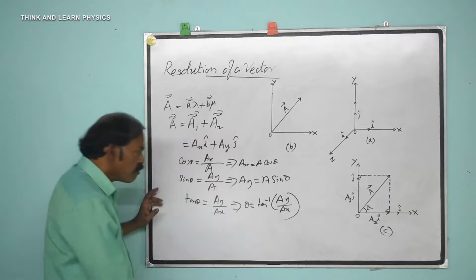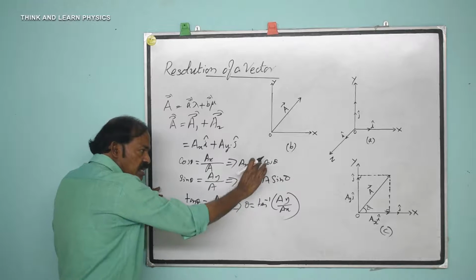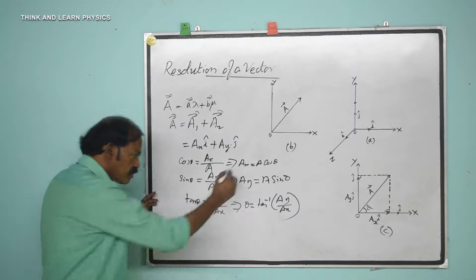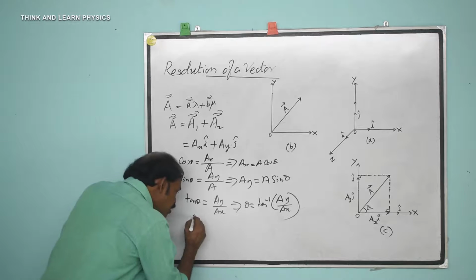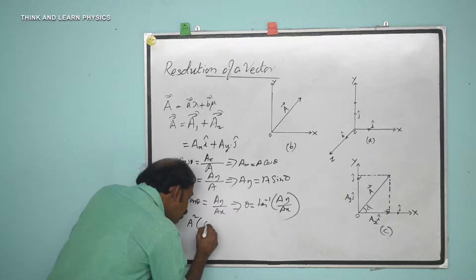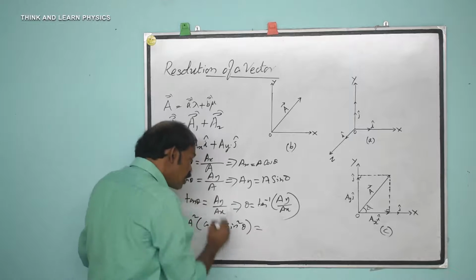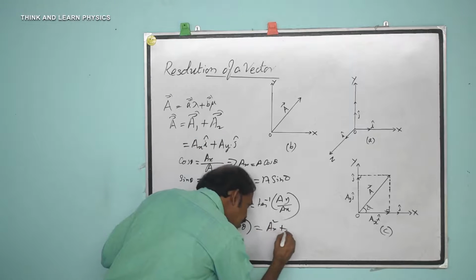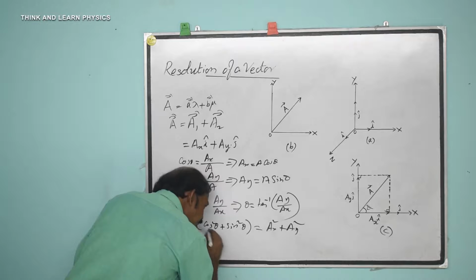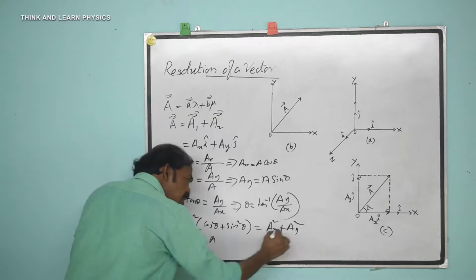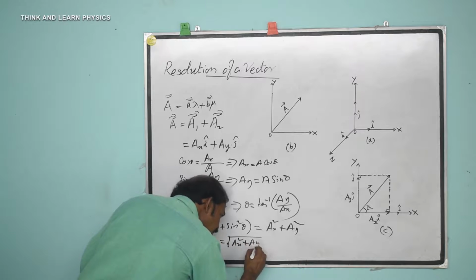And also by squaring these two terms and adding, we get Ax square plus Ay square equals A square into cos square theta plus sin square theta. Since cos square theta plus sin square theta is 1, A square into 1 equals this, or A is equal to square root of Ax square plus Ay square.